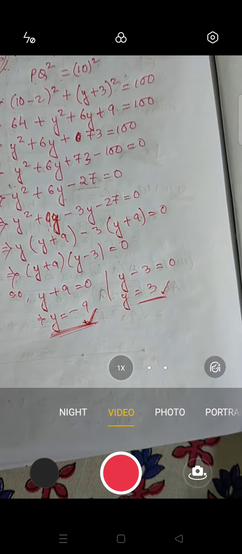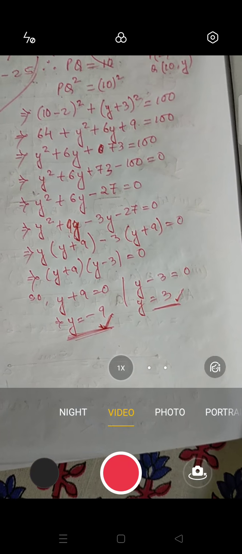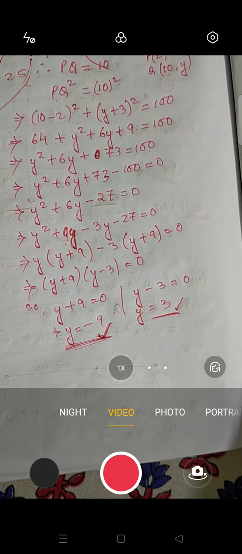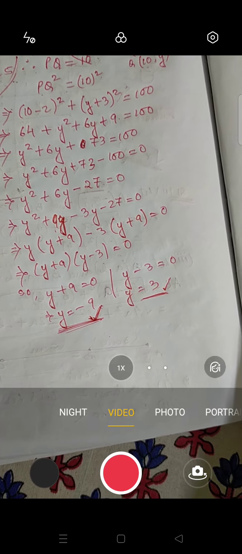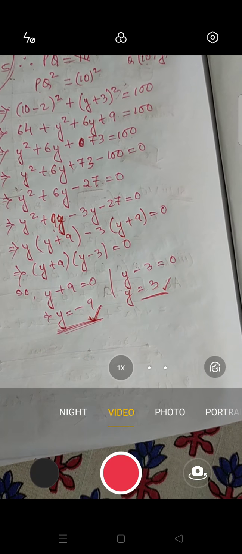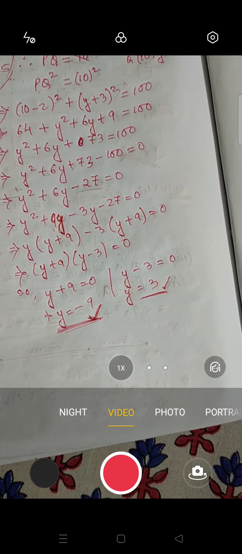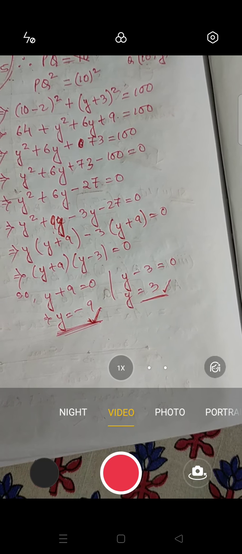That means both answers are correct. The value of y can be either minus 9 or 3. If you take minus 9, you will get 10 units, and if you take 3, you will also get PQ as 10 units. Okay? Clear?